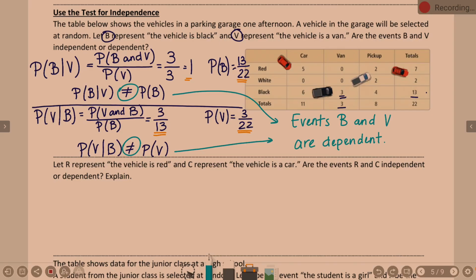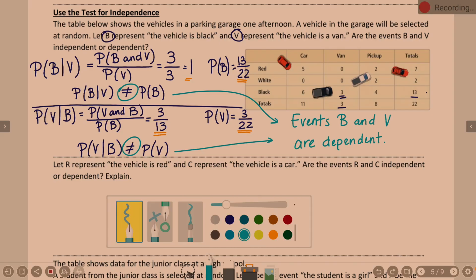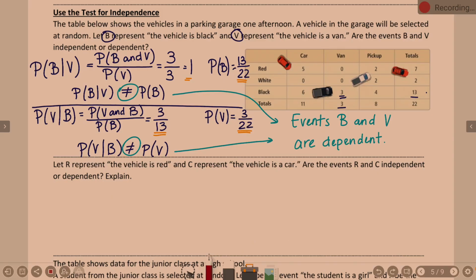What do you want to start by looking at? Probability of? Well, vehicle is red, given it's a car.